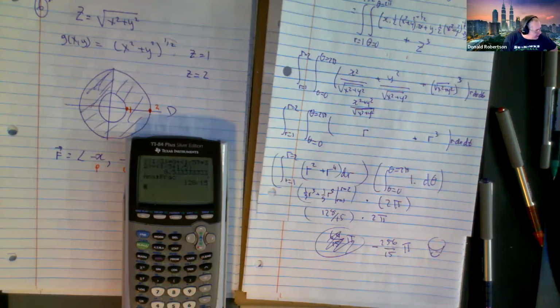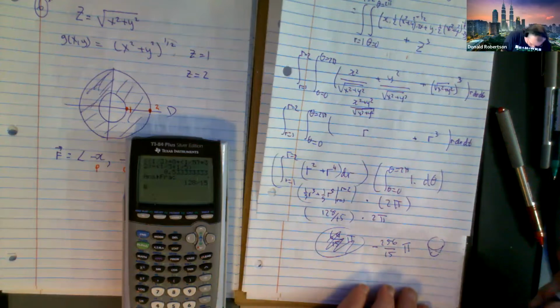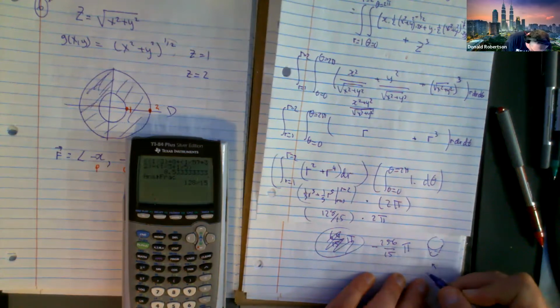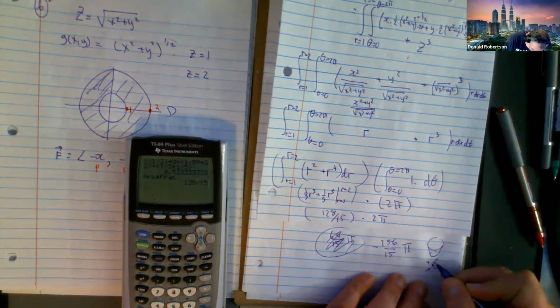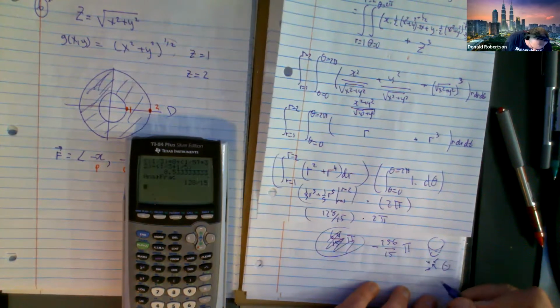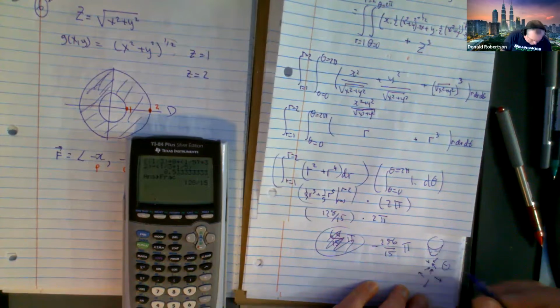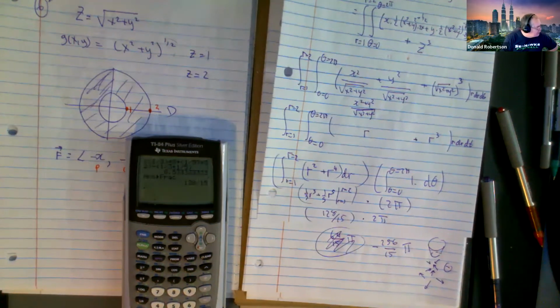The way they phrased the question was, for closed surfaces, use positive outward orientation. So why would that be? What evidence is there that this is pointing inwards? Because inwards would be negative and outwards would be positive. Is there anything in that story that makes me know that it's pointing one way and not the other?